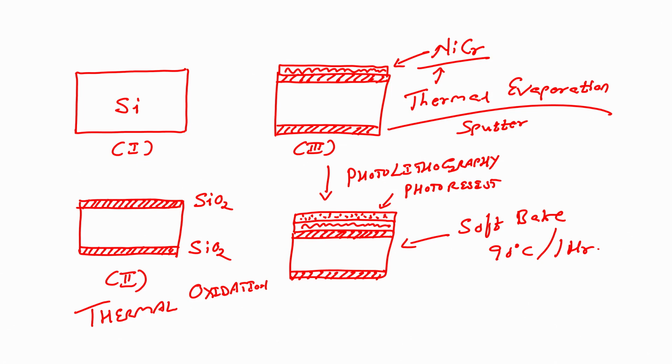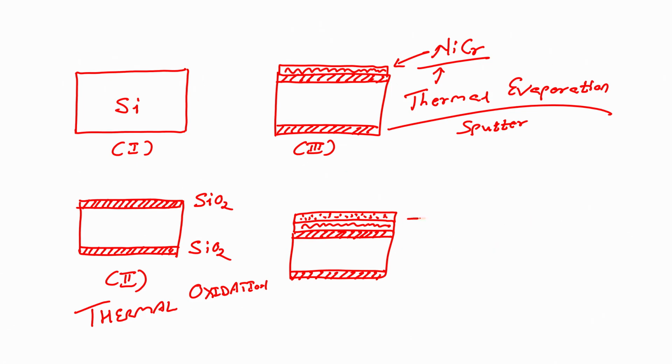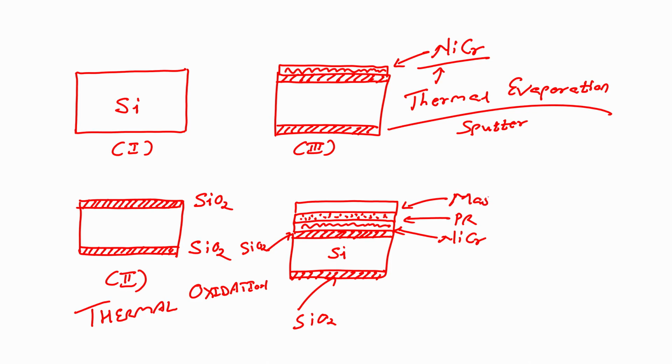Okay. Next step is, let me write down here, this is my photoresist, this is my nichrome, this is silicon dioxide, and this is silicon, and on this I will have a mask, and that mask is my bright field mask.